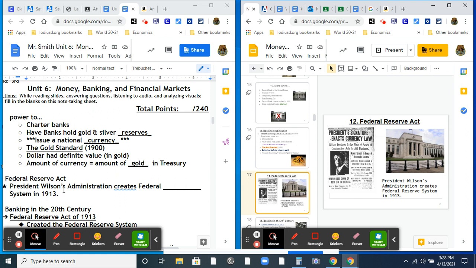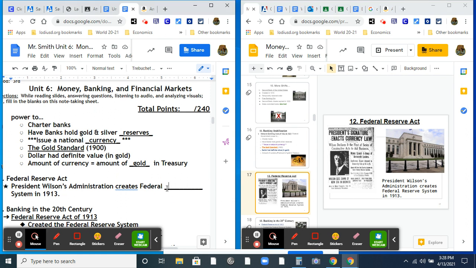The Federal Reserve Act is created in 1913, and really it's designed to move away from the gold standard. In 1896, William Jennings Bryan, a famous populist from the Populist Party who was associated with farmers, said, "You shall not crucify mankind on a cross of gold."